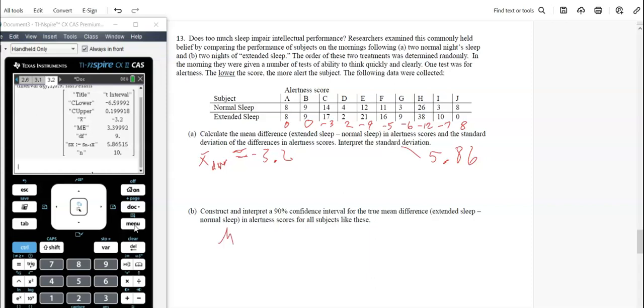So you're going to define the mean of the difference as the true mean difference between the alertness scores of normal sleep versus extended sleep, normal minus extended sleep. Confidence level, make sure to mention it. It's 95%, 90% here.